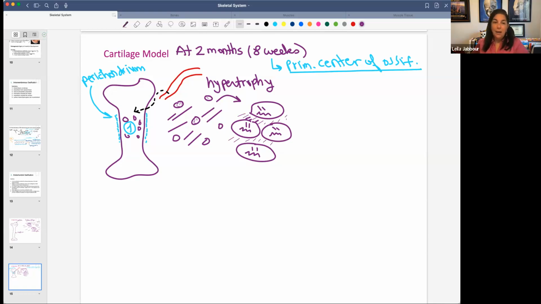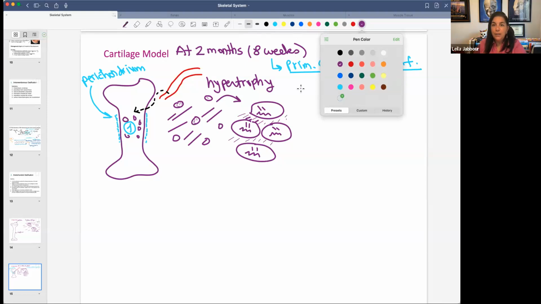Because of the presence of this perichondrium, we're going to have a bony collar produced there as a splint to prevent the center of that structure, which is still not bone yet, from falling.